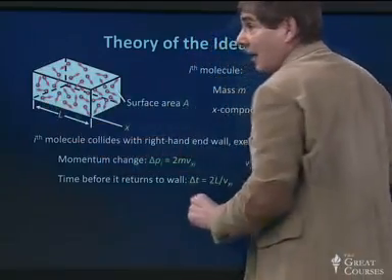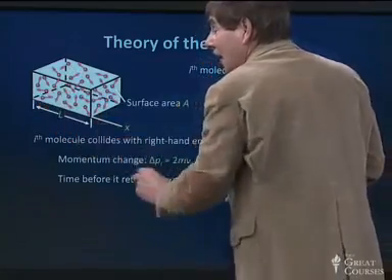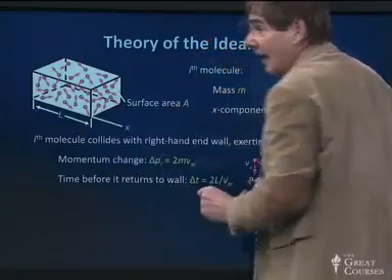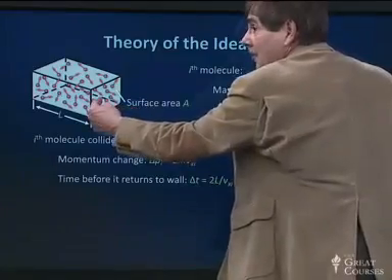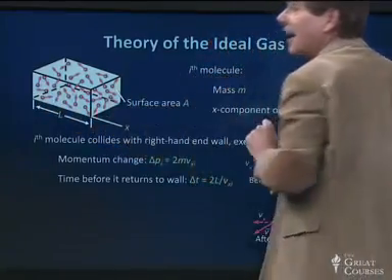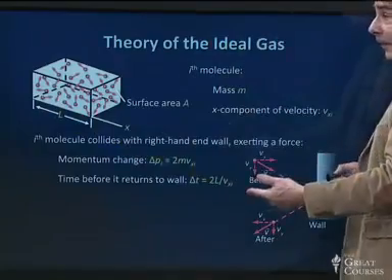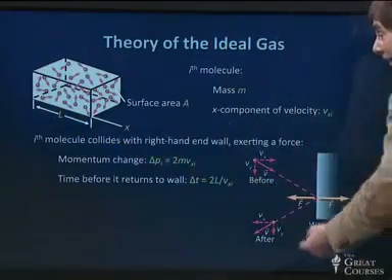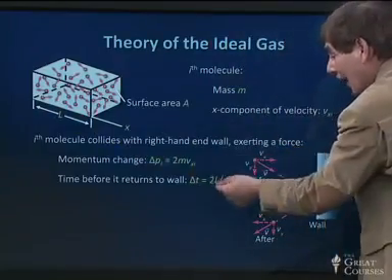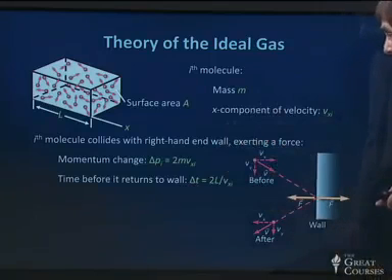And that's a distance L, and distance is speed times time, so the time involved is distance divided by speed, or L over Vx. And the question I want to ask is not how long does it take the molecule to get to the other end of the box, but how long after this collision does it take for the molecule to get back here? And that's twice L it's got to go. So that time, delta t, is 2L over the speed Vxi.